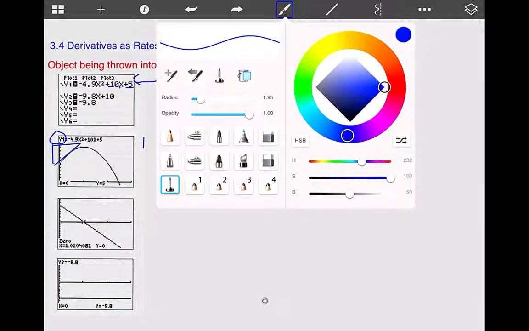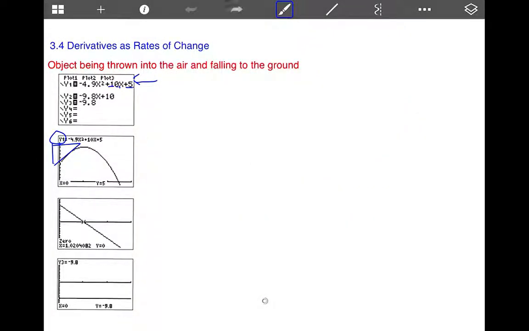I want to show my y-axis here. My y-axis represents height, and my x-axis represents time.